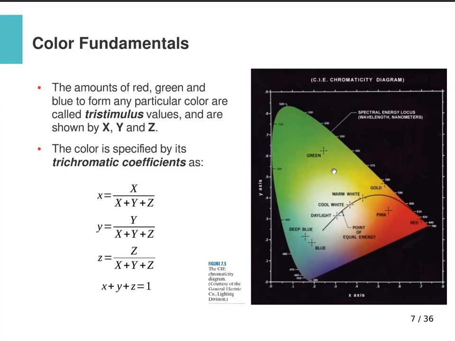To get the portion of the third variable z, you need to find its value based on this equation. If you have x and y, z is going to be 1 minus x minus y.